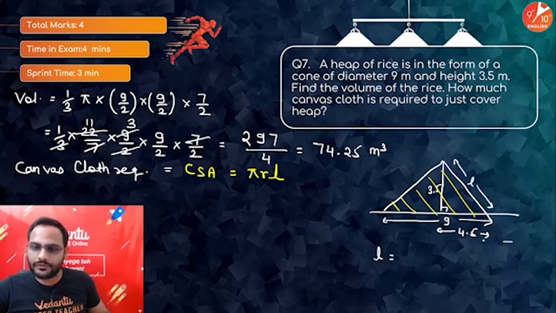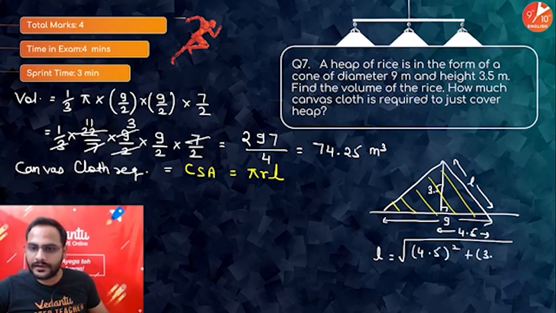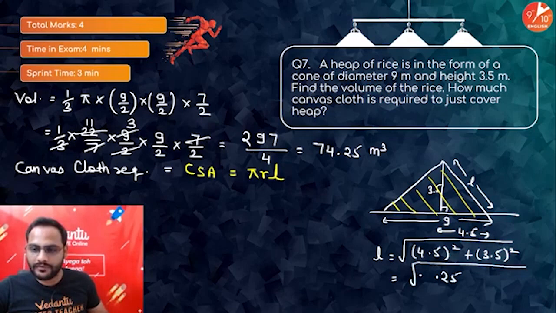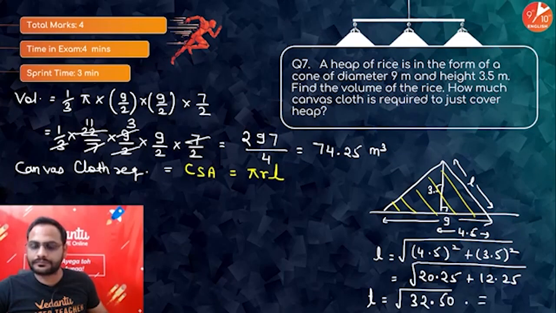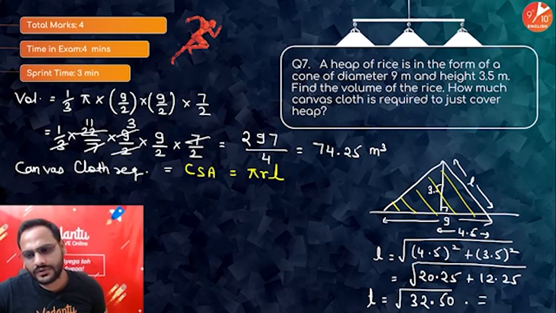L will be equal to square root of 4.5 whole square plus 3.5 whole square, which is equal to 4.5 whole square will be 20.25, and this will be 12.25. So L will be equal to square root of 32.50.